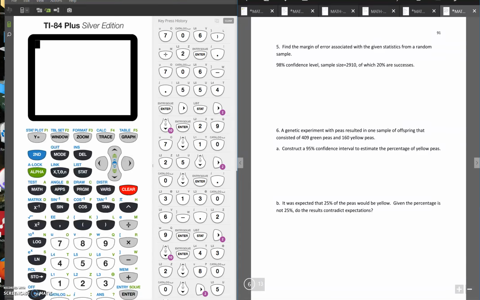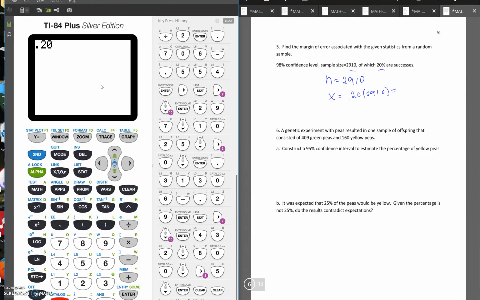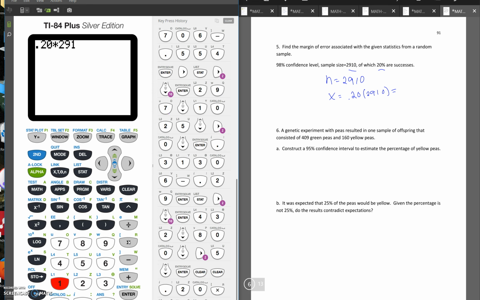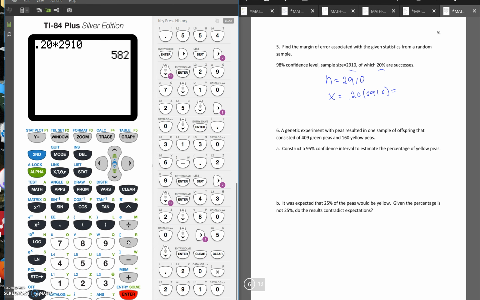So our n here is going to be 2910. To get our x, remember, we take the p hat times n, so 0.20 times 2910. So here we get 582 for our x.